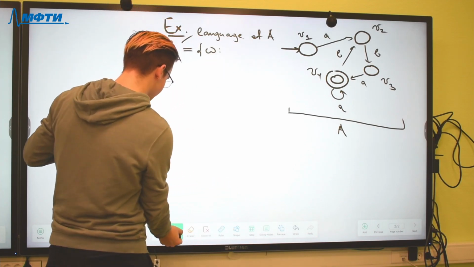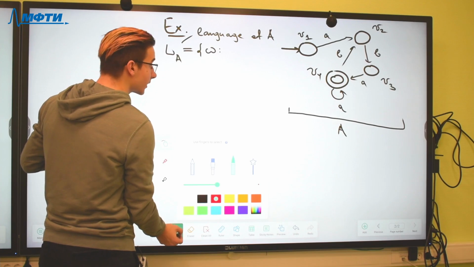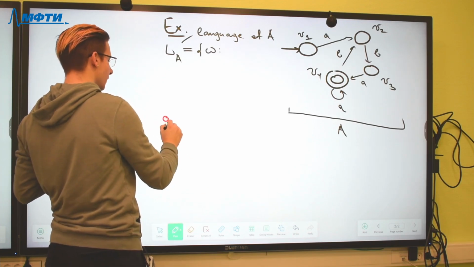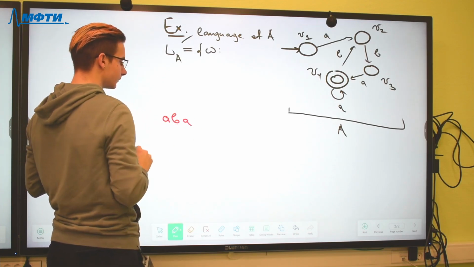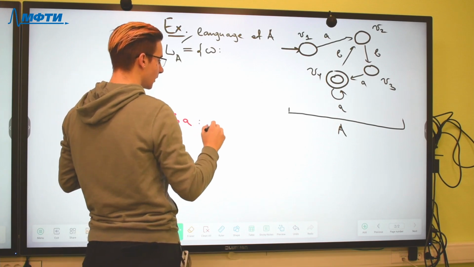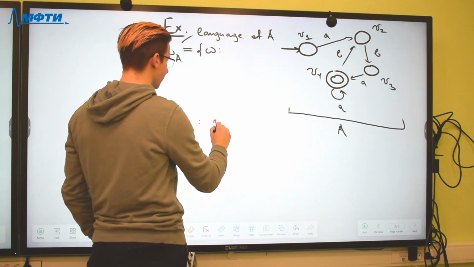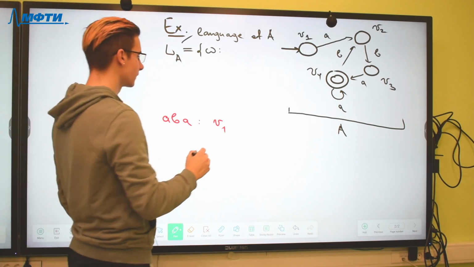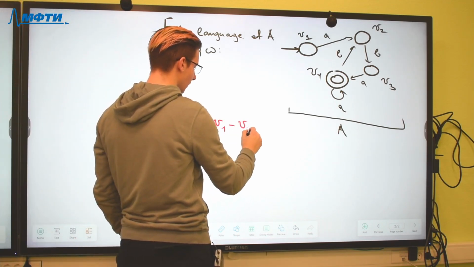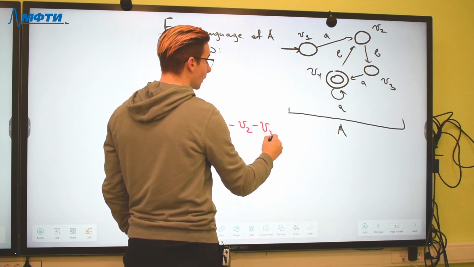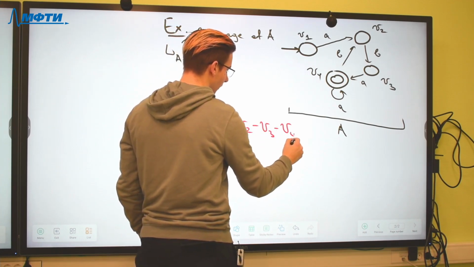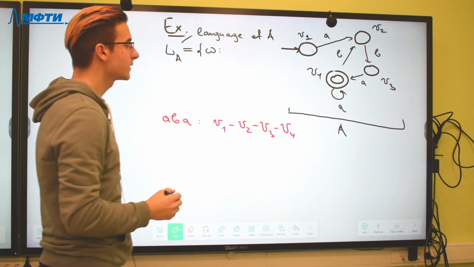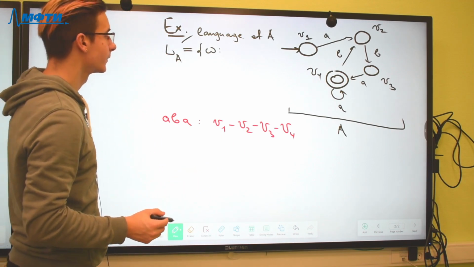For example, I can connect with the word ABA a path that starts with the vertex V1 and ends with the vertex V4.